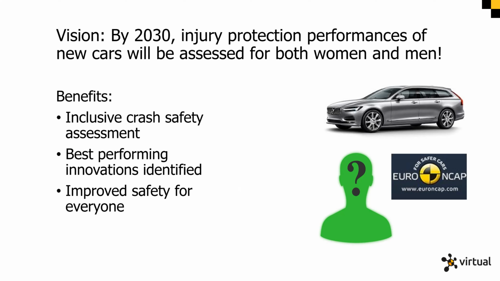Today we have to wait for 10 years for in-year statistics to be able to do the analysis, and then of course we are 10 years down the line in terms of the innovations. With an expanded safety assessment, you get more robust systems, which improve the safety for everybody.